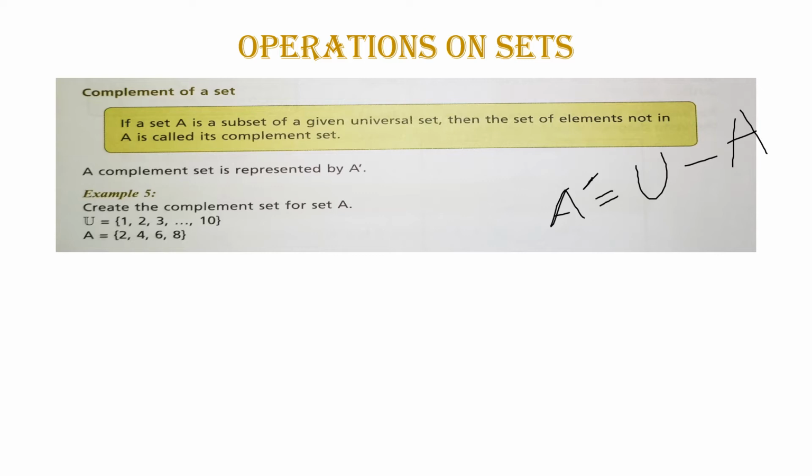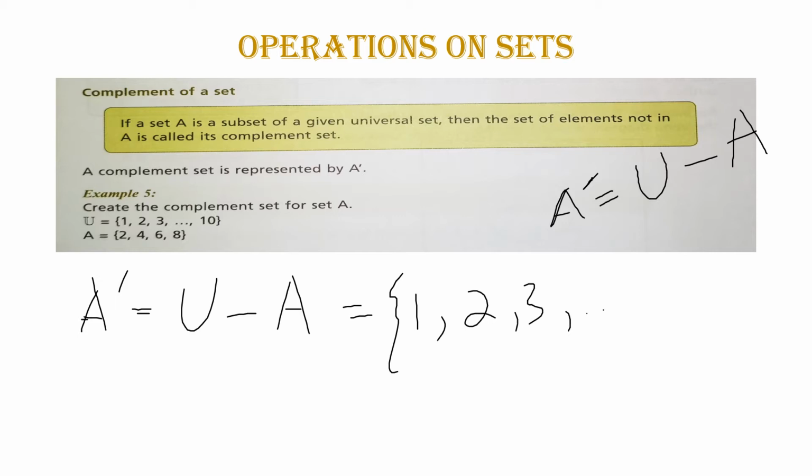Always from the universal set. Consider this example where the universal set and set A are given, and you have to find the complement of set A. So A complement is equal to U minus A, means you have to take the difference of set A from the universal set. What is U here? {1, 2, 3, up to 10} minus A, and what is A here? {2, 4, 6, 8}.